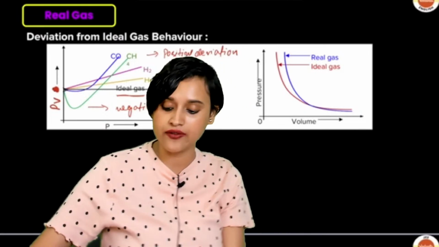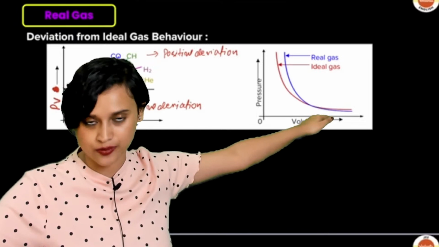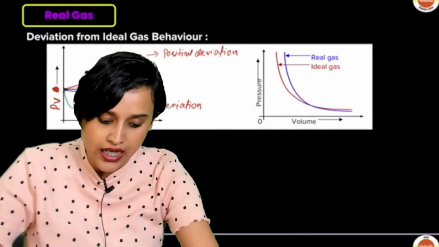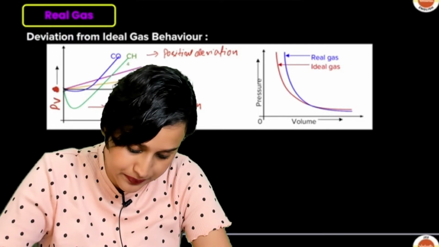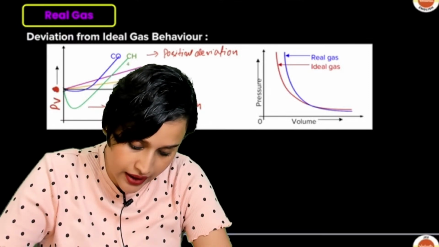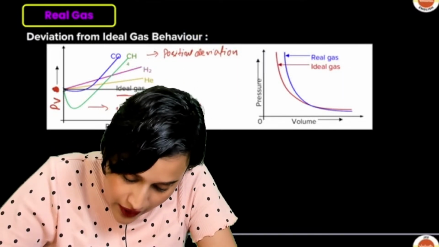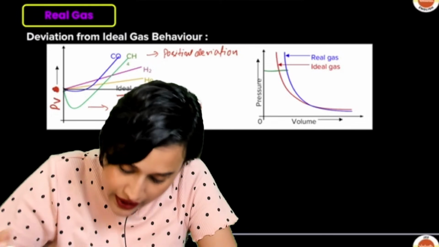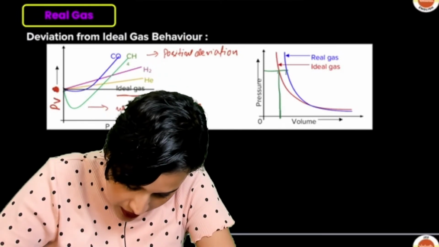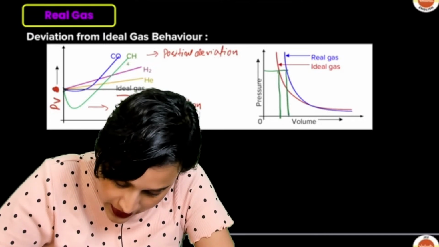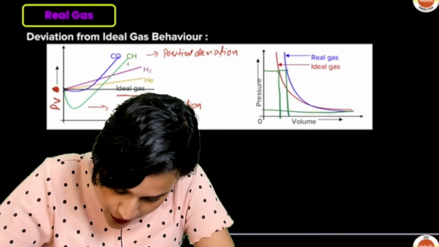Anyway, moving on, everybody. Now, this graph is once again there in your NCERT as well. See what is happening, okay? Check it out, everybody. I need a darker color. So if I draw a line here like this, and then if I draw a line here, what do you see?